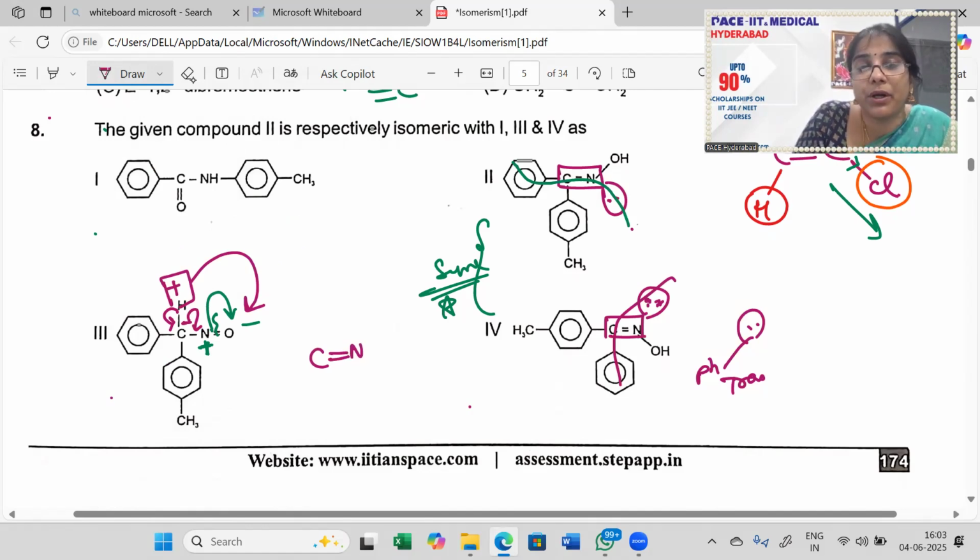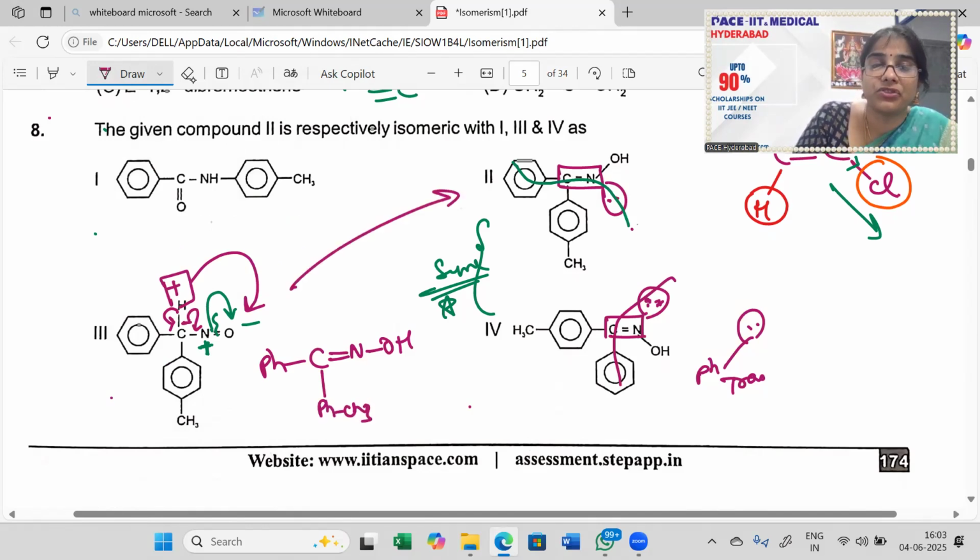Then single bond OH is formed. On the right side you have a phenyl group and at the bottom you have phenyl with a CH3 group. So this structure, option 3 and 2 are your tautomers. Option 3 and 2 are your tautomers there. Okay, so 3 and 2 are tautomers.